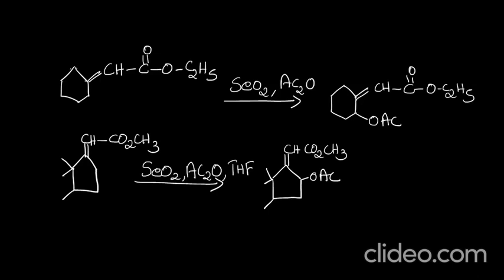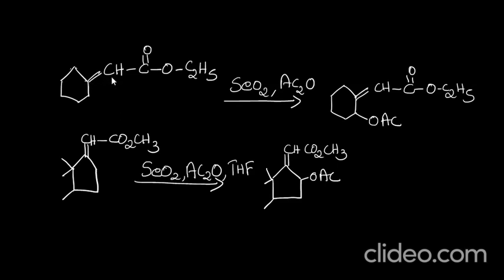Another application of selenium dioxide is hydroxylation of the gamma carbon in an alpha beta unsaturated carbonyl system. This is an alpha beta unsaturated carbonyl system.